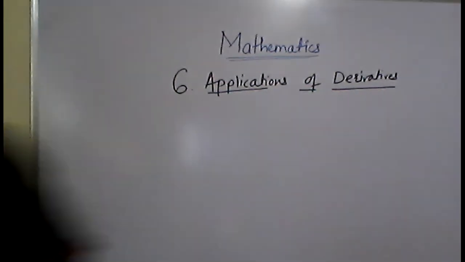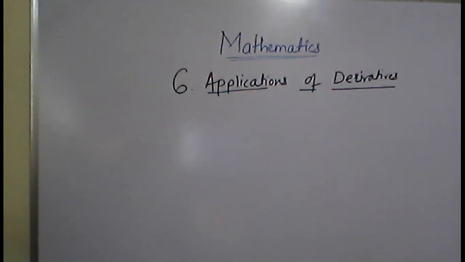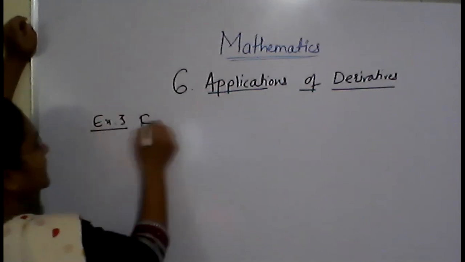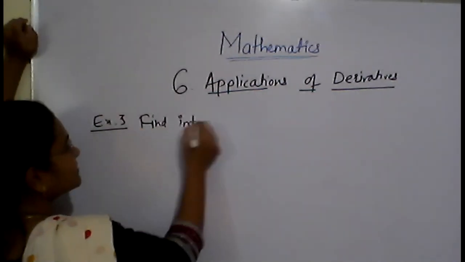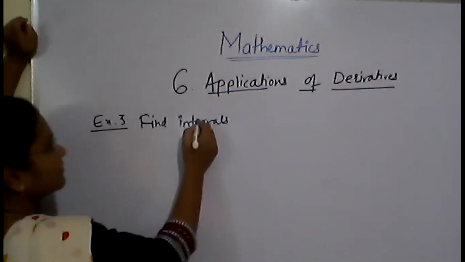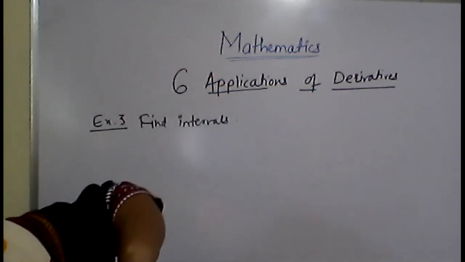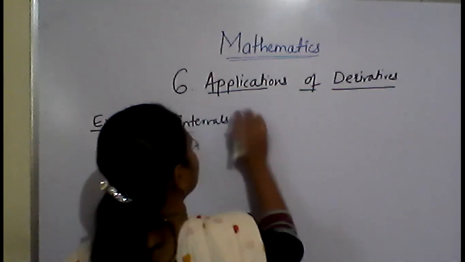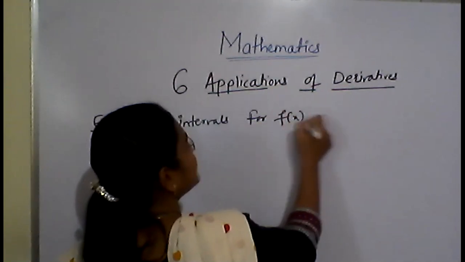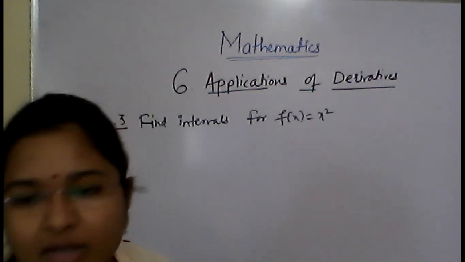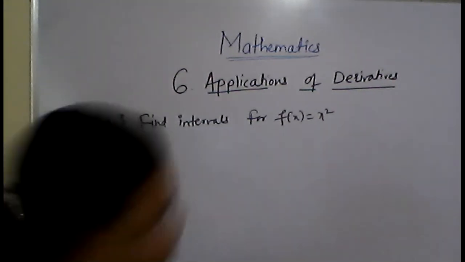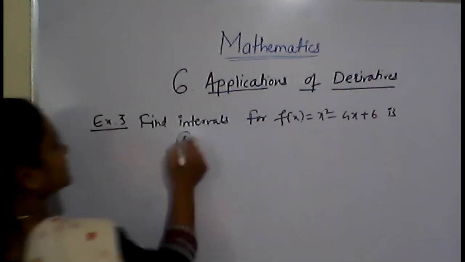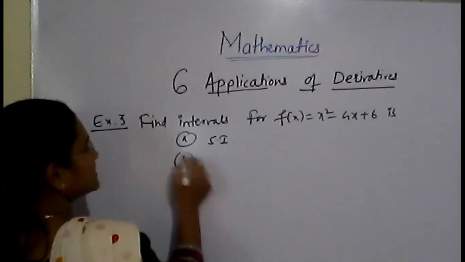So the question is, find the intervals in which the function given by f of x equals x square minus 4x plus 6 is strictly increasing and second strictly decreasing.